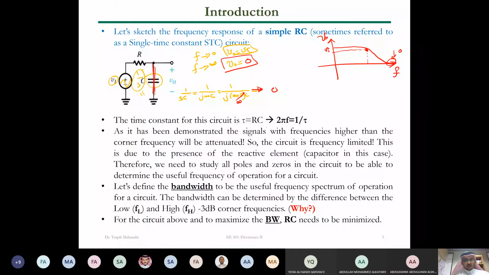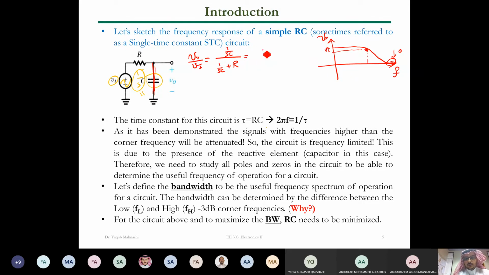So to do that, we can analyze the circuit, and usually we can apply the voltage divider rule. The V output over V input, which is the transfer function of the circuit, will be 1 over SC over 1 over SC plus R. We are doing a very simple linear equation here.